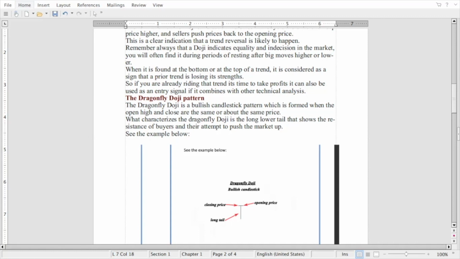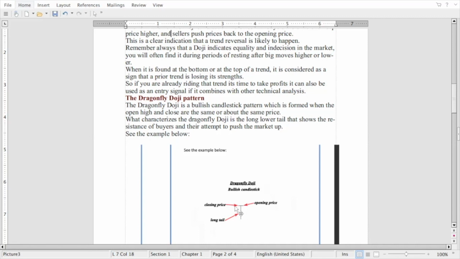All right, let's continue. And then I want us to look at another one now, and this is the dragonfly doji pattern. It's this one that you're seeing here. It's just that now the doji pattern was forming like a cross, this one, the close and open is on the upper, and this one is the bullish candle.